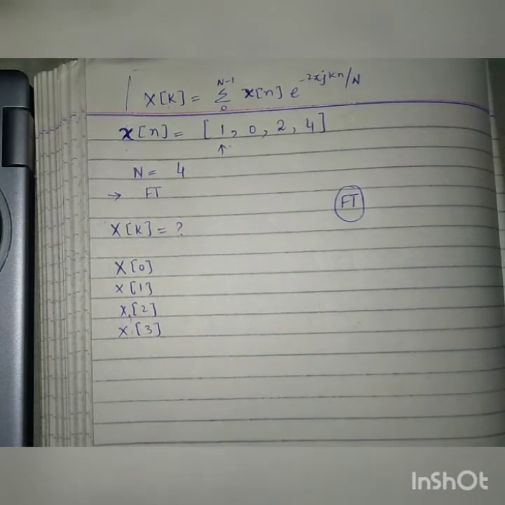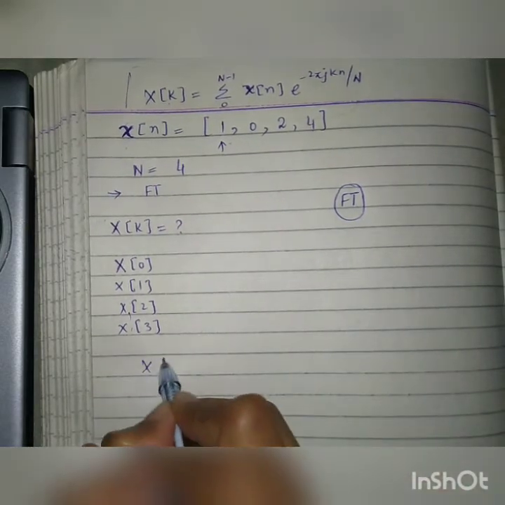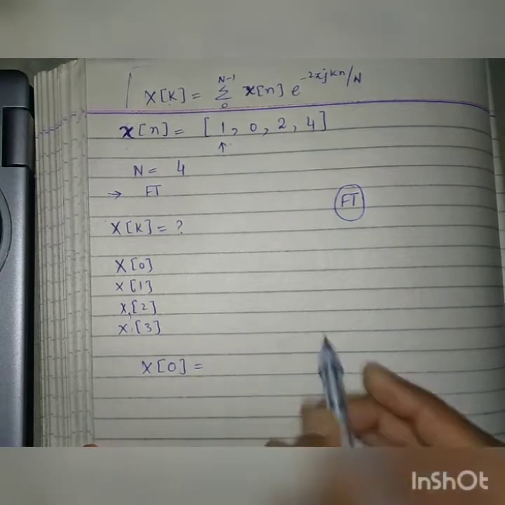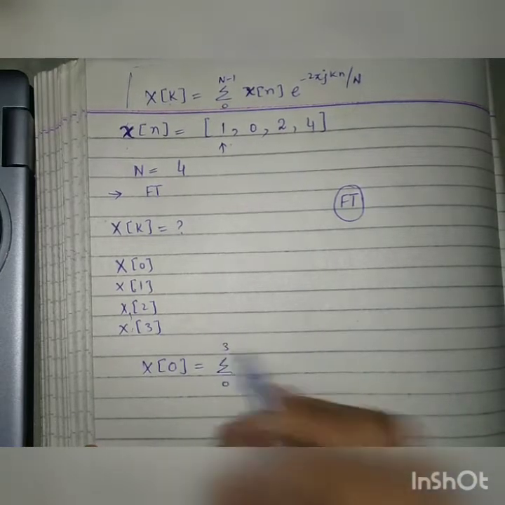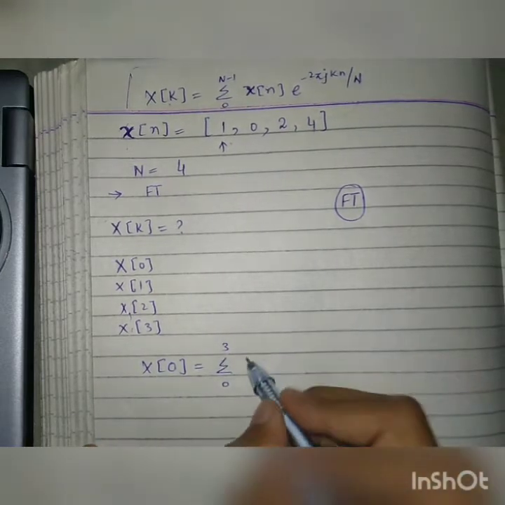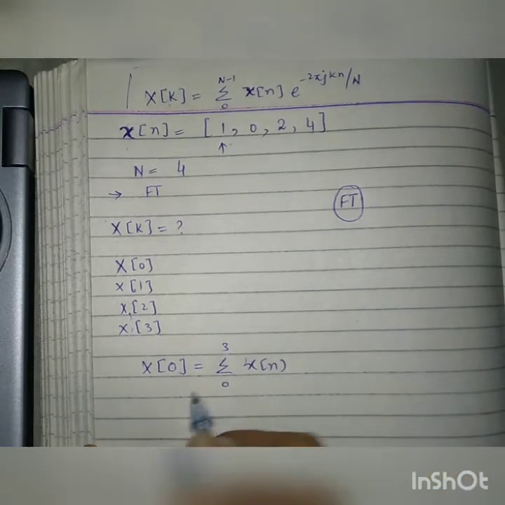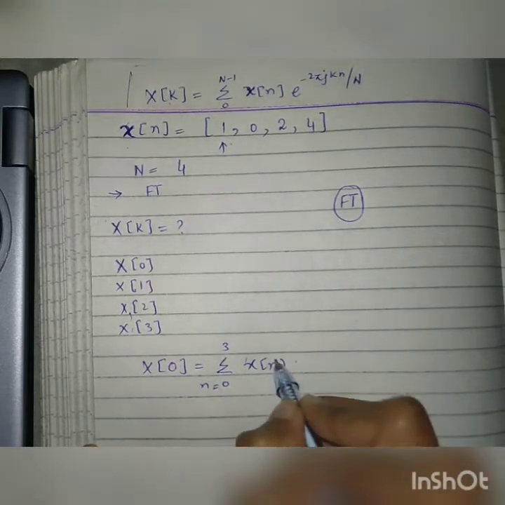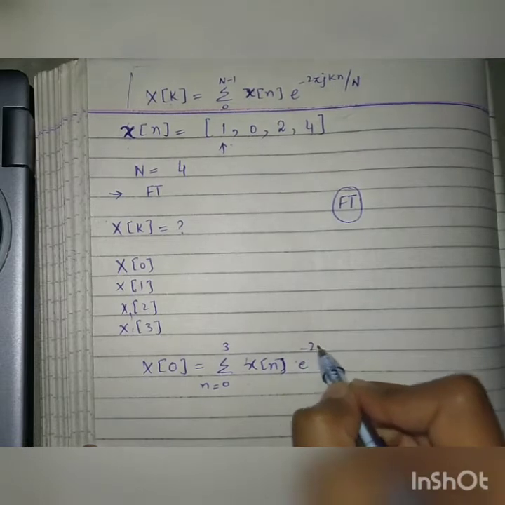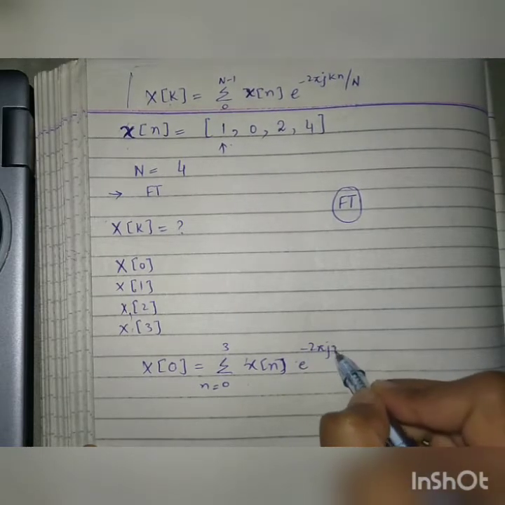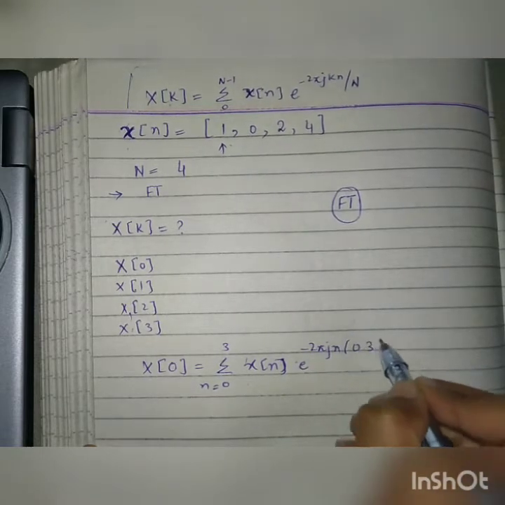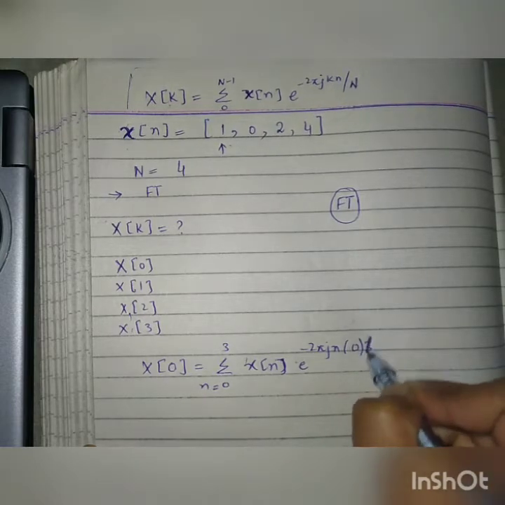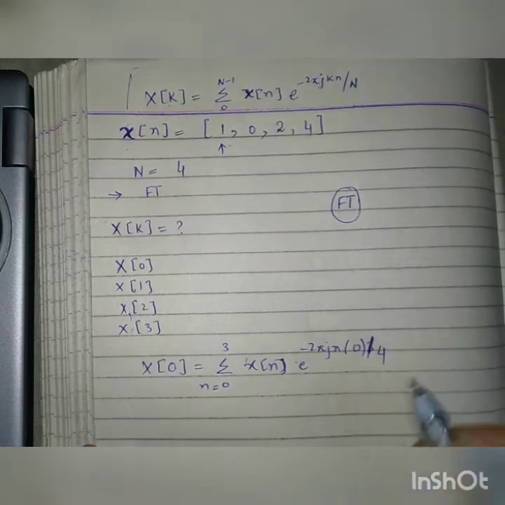Okay, so now if we find X of 0, we have summation 0 to 3 x of n, this is n, and then e of minus 2 pi j n k divided by 4. In place of k we have 0.